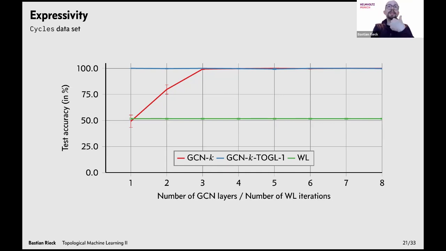So you need to detect this diameter first with a couple of layers before being able to make a classification of the individual graph. By contrast, the ordinary WL test doesn't work here, and this is okay as it was constructed that way.